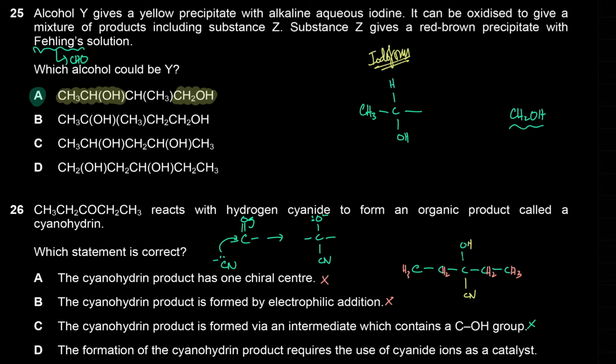This is true. If you remember, for addition of HCN, you need HCN aqueous in NaCN aqueous. You can use NaCN or KCN aqueous. Here, sodium cyanide or potassium cyanide act as the catalyst. We need cyanide ions as catalysts because these salts ionize completely, so we have more cyanide ions for this reaction. So the answer is D.